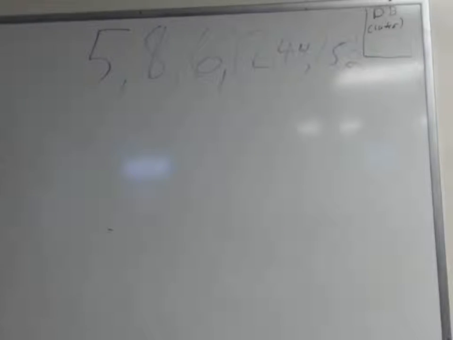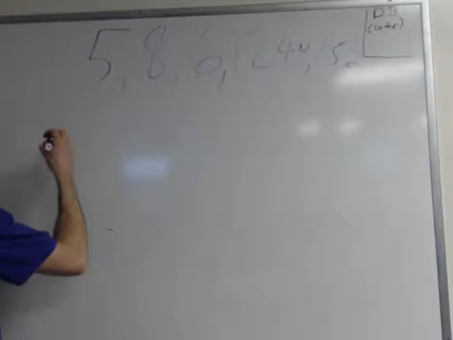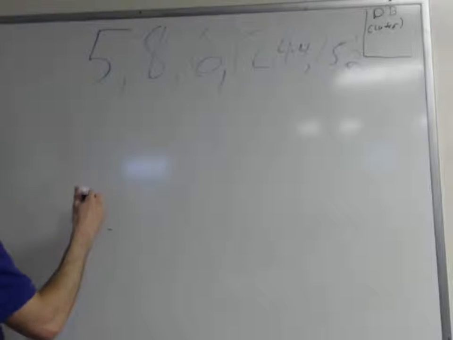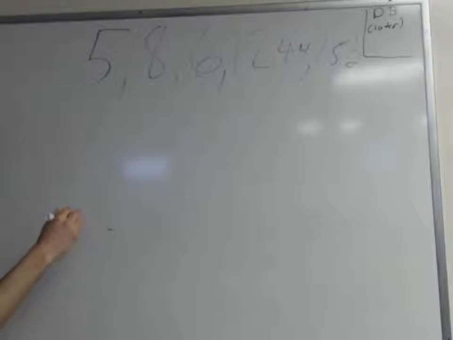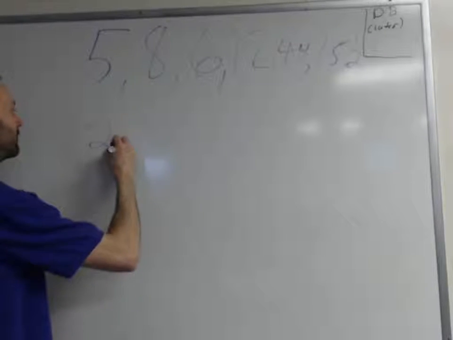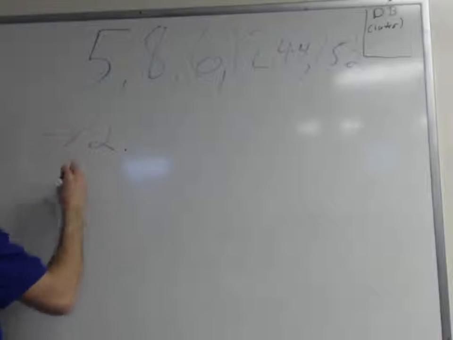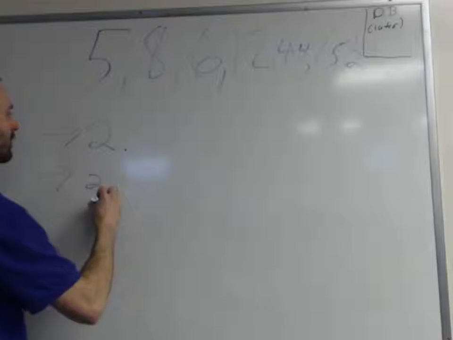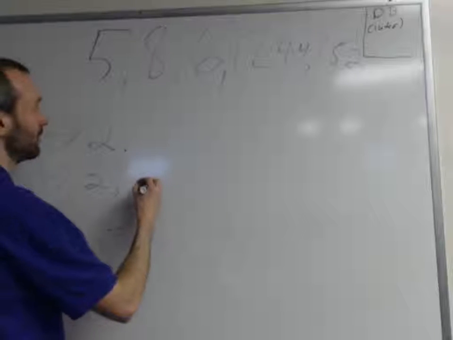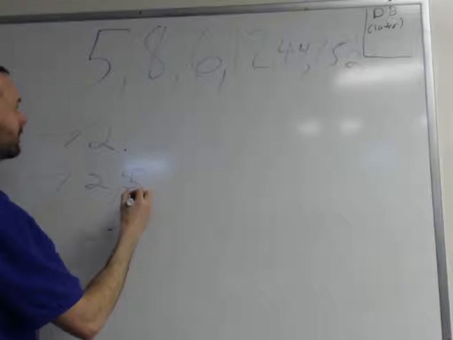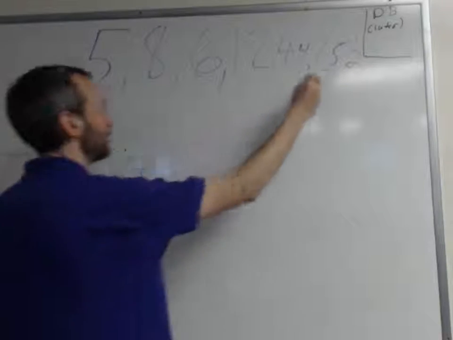All right, so there's two ways to do it. You can do it from smallest to largest. That's kind of how you drew them. Step 1, you find the smallest one, which is a 2. All right. Then you find the next smallest one, which is a 5.